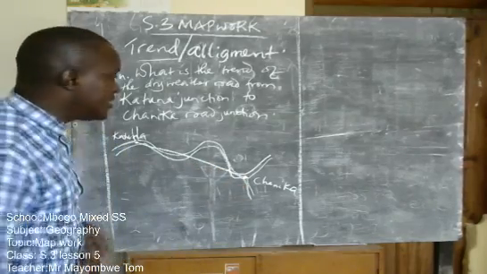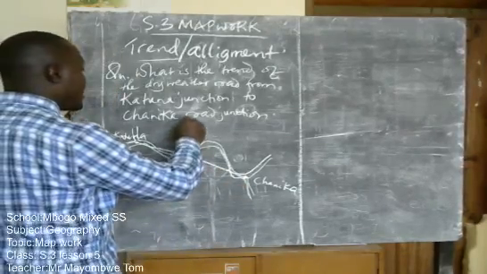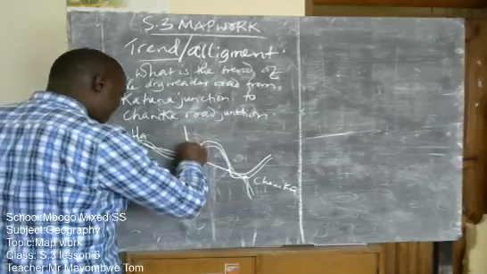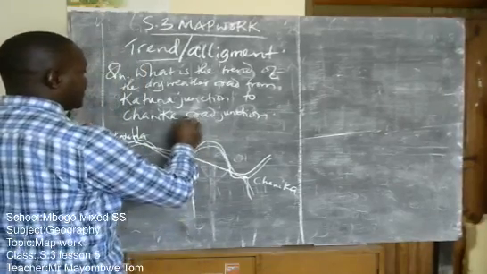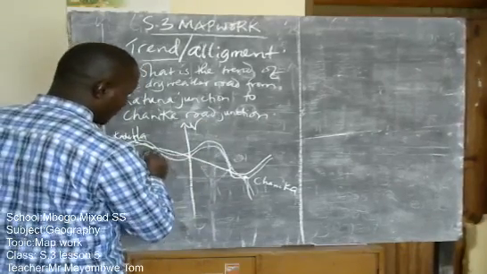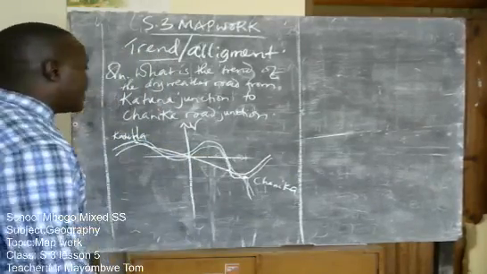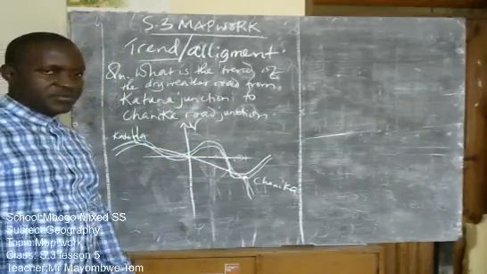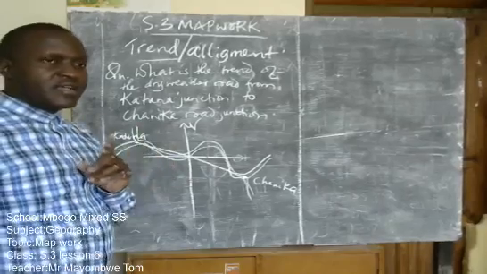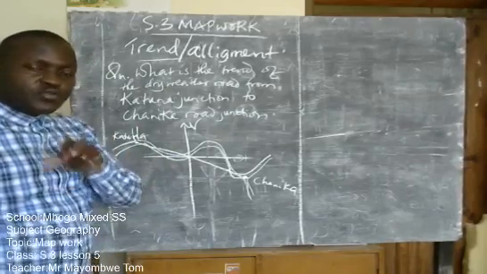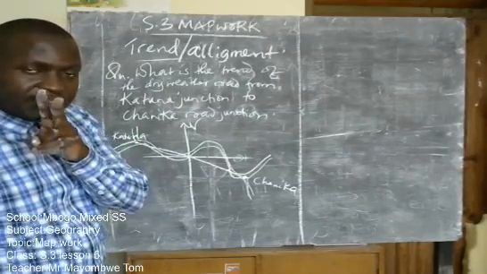Then at the center, you draw there a compass. Assuming this is the center, you draw there a compass facing the north. So after drawing there a compass facing the north, you're going to take two more steps.